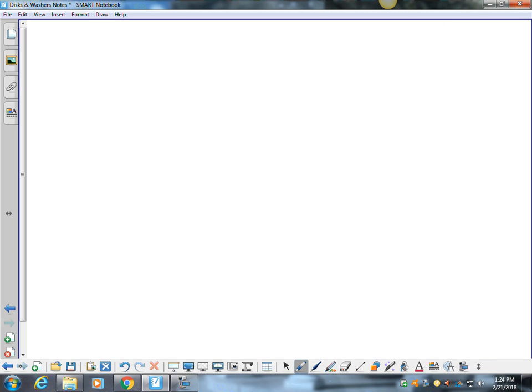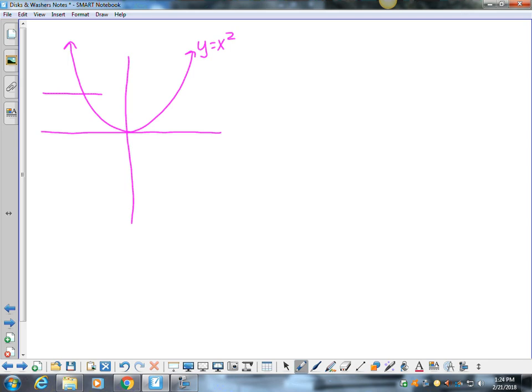Then I have one more, what if, that I want to show you that's not in your notes. Okay, let's say you have y equals x squared. You are going to cut it off at y equals 2, and you are rotating it on y equals 5.